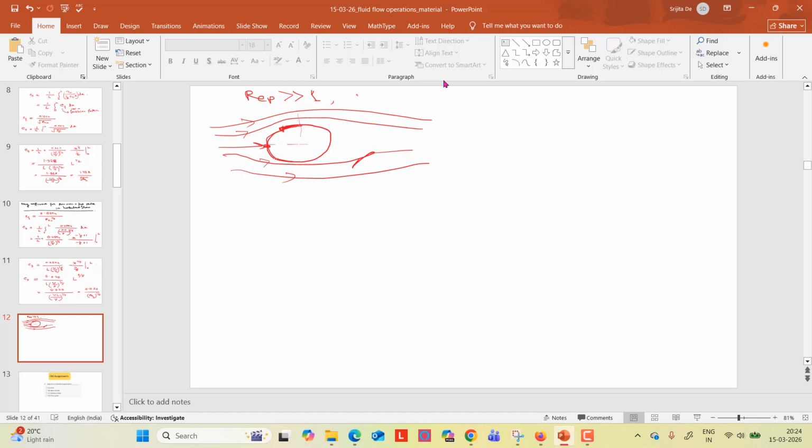Here the boundary layer effect is there, so here it is the shear drag. Here the drag force is applied, and the flow separation is happening from this portion, right? This angle is almost 80 or 85 degrees. In this portion, the fluid started forming eddies.